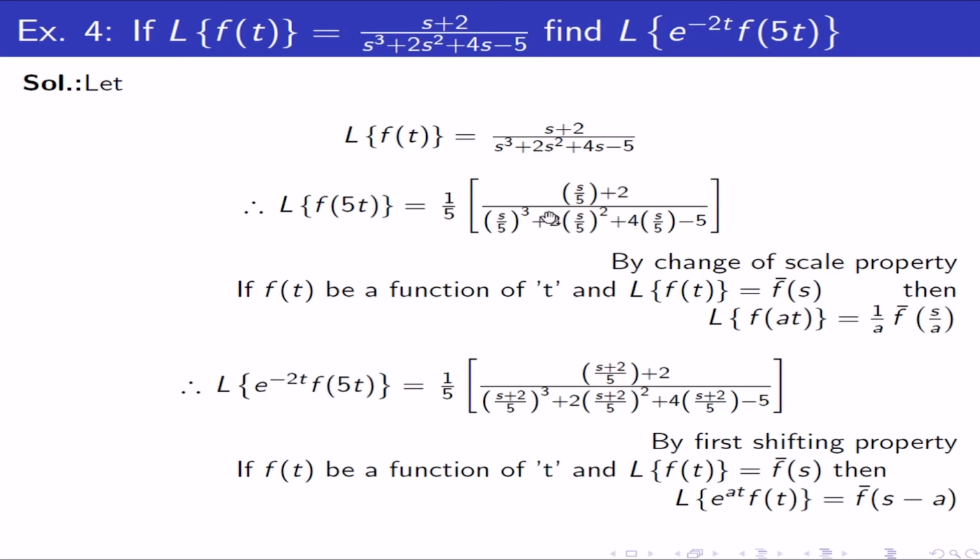Hence s will be replaced by s plus 2. Hence the Laplace transform of e raised to minus 2t f of 5t will be equal to 1 by 5 as it is, s plus 2 by 5 plus 2, over s plus 2 by 5 raised to 3 plus 2 s plus 2 by 5 raised to 2 plus 4 s plus 2 by 5 and minus 5 as it is.